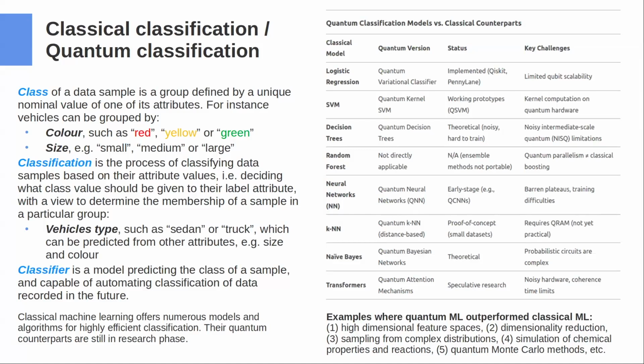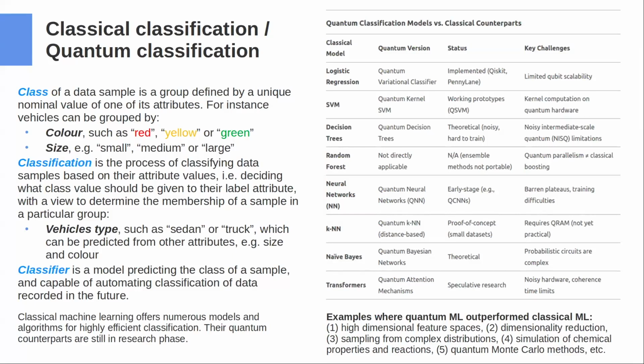It's one of the attributes. For example, if we talk about cars, they could be grouped by color, such as red, yellow, green, which are classes for the color category, and size would be small, medium, and large. Your data could be classified by those labels.